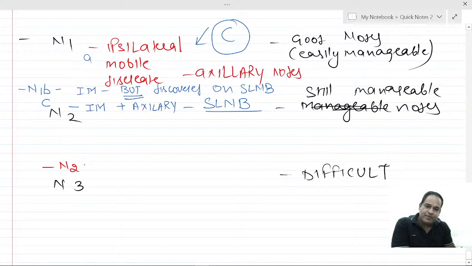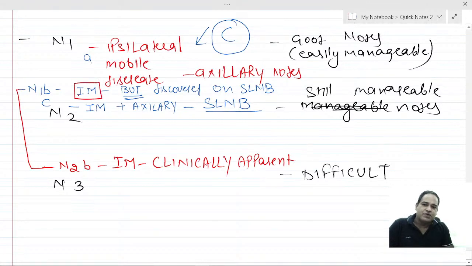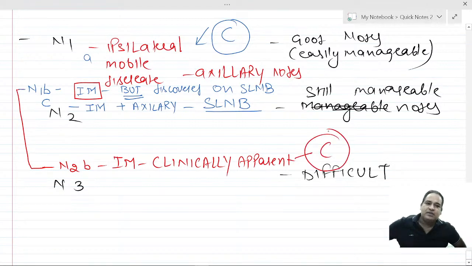Now same, if you want to remember N2B, in N2B internal mammary lymph node will be clinically apparent. Compare both of them. In N1B, internal mammary lymph nodes are present, but they are not apparent clinically. Here in N2B, they will be apparent clinically.